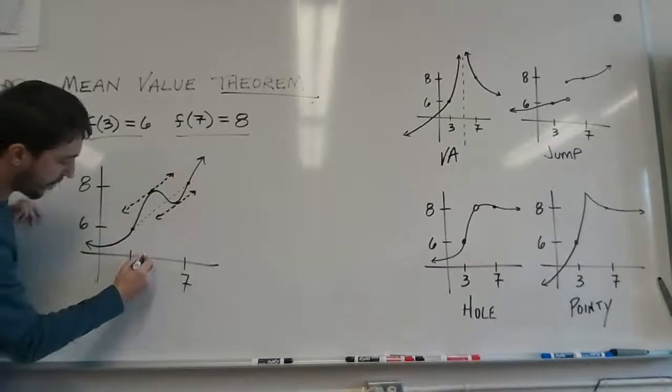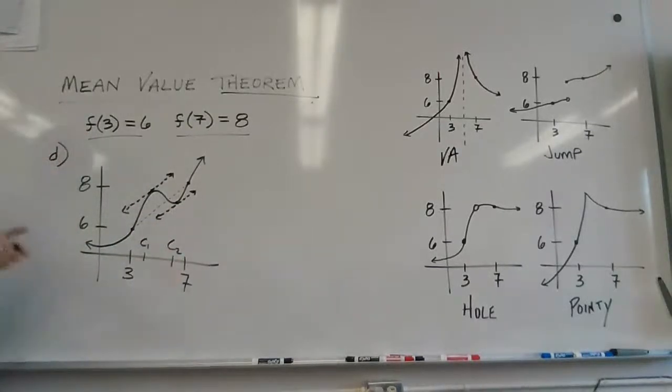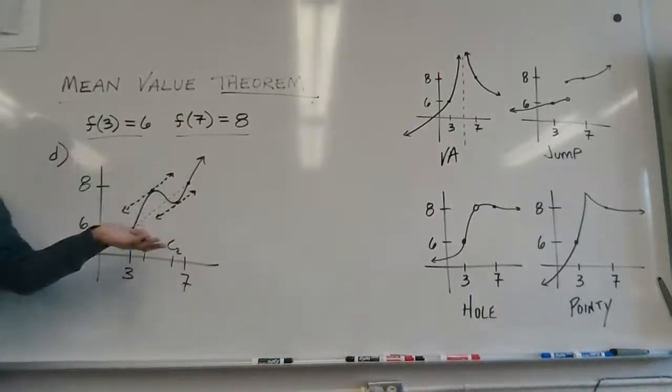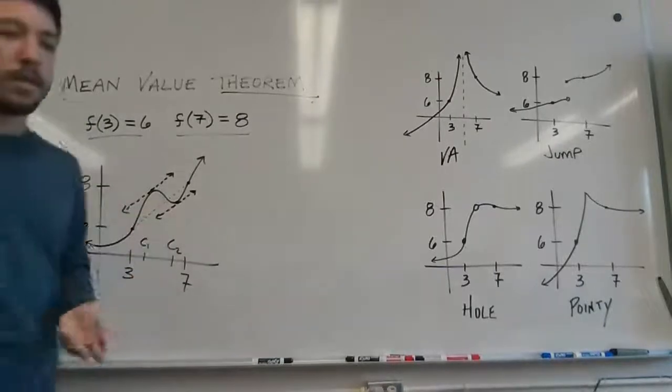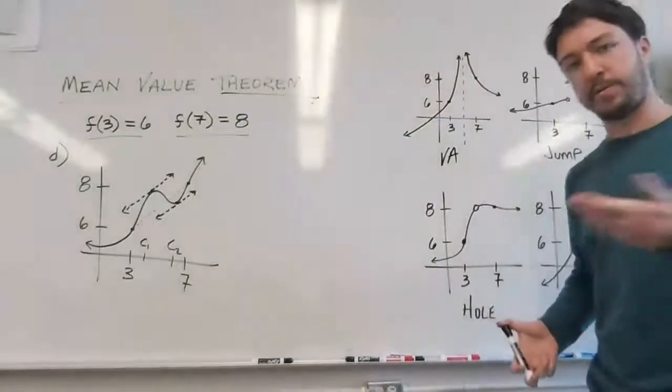So I'd basically have a C1 and a C2, 2 different positions. I obviously could put more humps in and have as many spots as I wanted where the derivative equals the average rate of change.